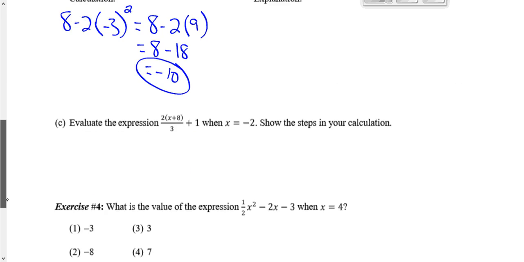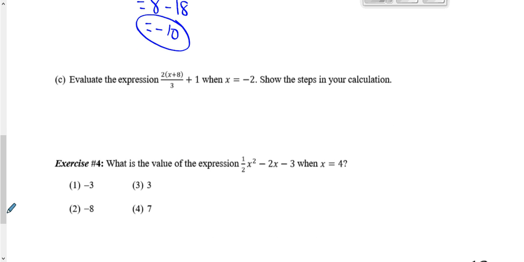Back here, where were we? All right, let's try part C. We've got this thing when x equals 2. So now we have two grouping symbols, don't we? We have parentheses and a fraction bar. So that would be 2 times negative 2 plus 8, all over 3. I'll put the parentheses in there. They're nested parentheses, aren't they?